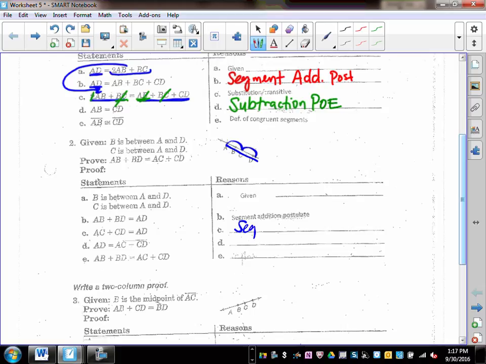Also segment addition. Now when you're writing your own proofs, because it is the same, you're doing the same action, you could have listed it as one step, like we did in class. Alright. What about step D?